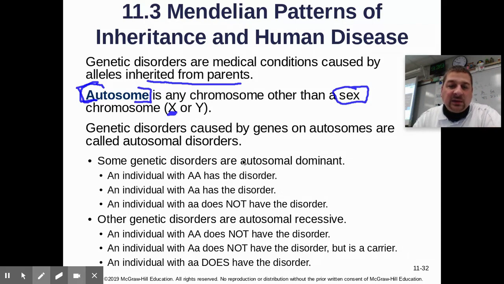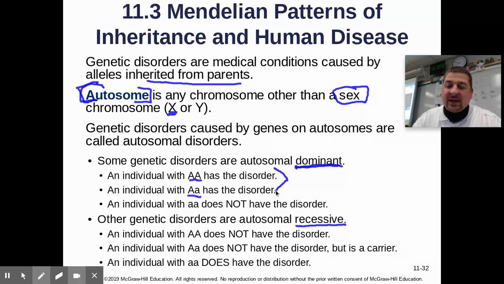The second thing we look at is whether that disorder or mutation is dominant or recessive, because that affects the pattern we see and how that trait is passed on through the generations. If it's a dominant disorder, remember you can have homozygous dominant or heterozygous dominant.